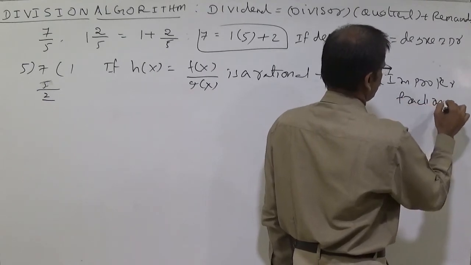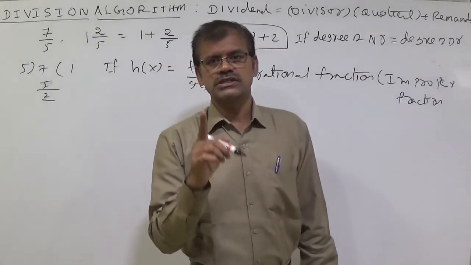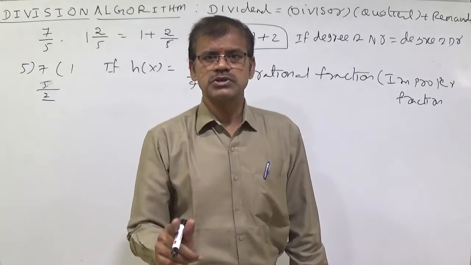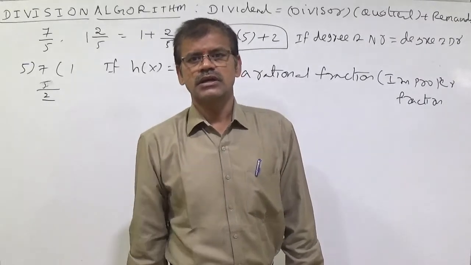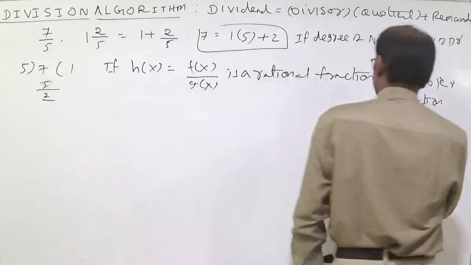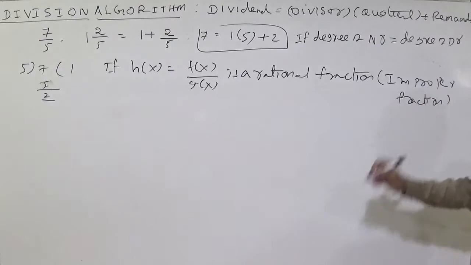Whenever the degree of f of x is less than the degree of g of x, then only it is called a proper fraction. Whenever the degree of f of x is equal to or greater than the degree of g of x, it is called an improper fraction.